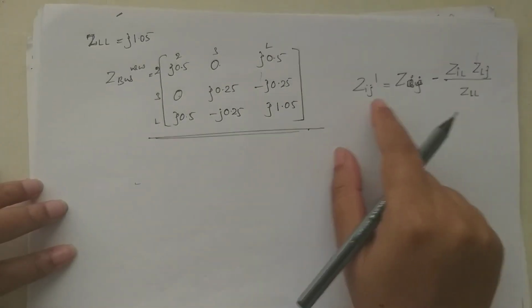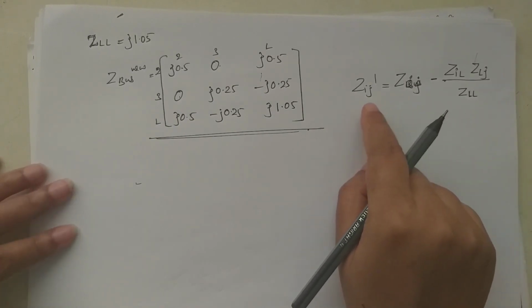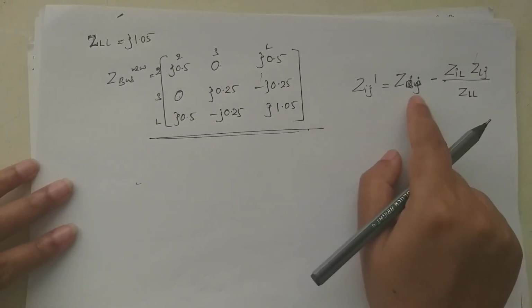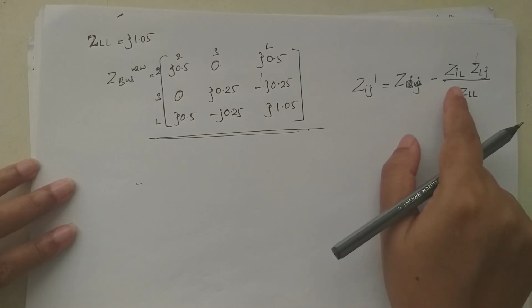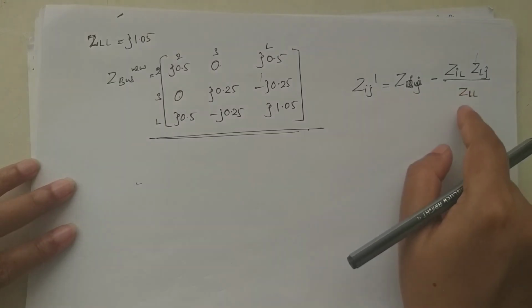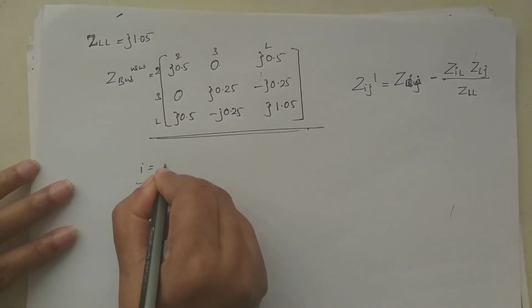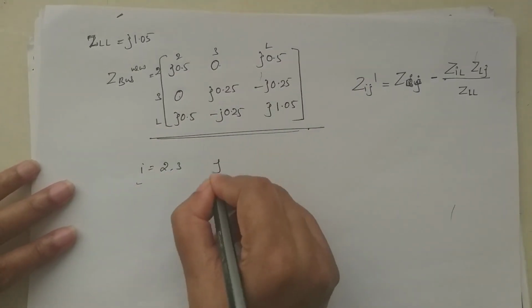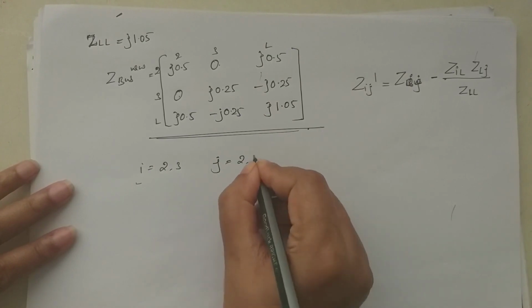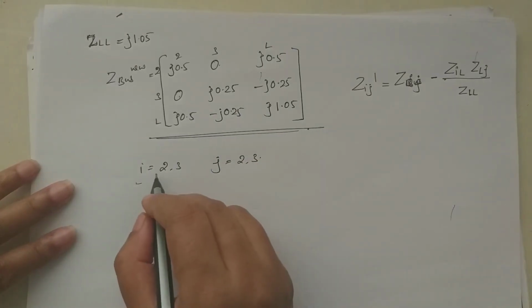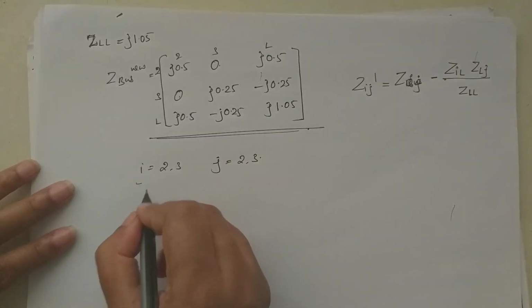In order to remove the Lth row and Lth column, Zij dash should be taken as Zij minus Zil into Zlj divided by Zll. I varies from 2 to 3 and j varies from 2 to 3. Values corresponding to 1 are 0, so no need to consider that.